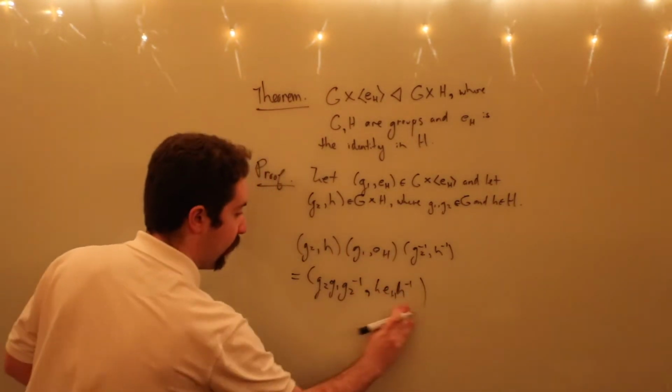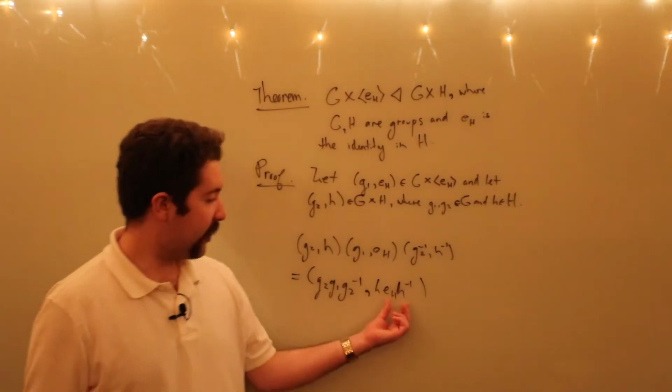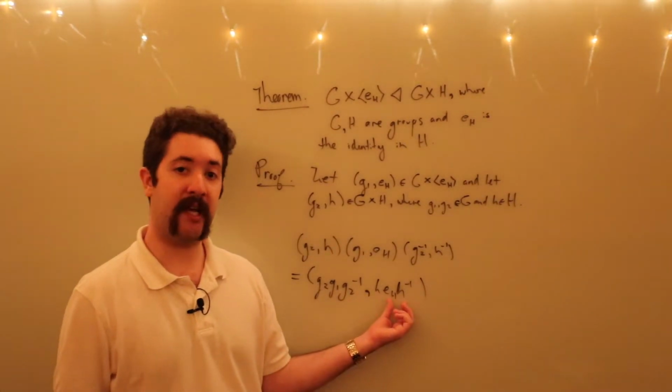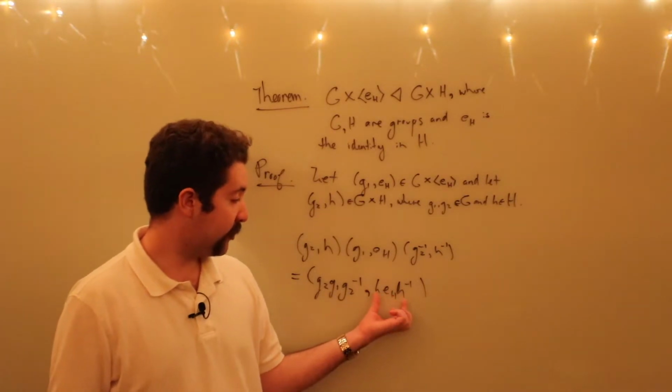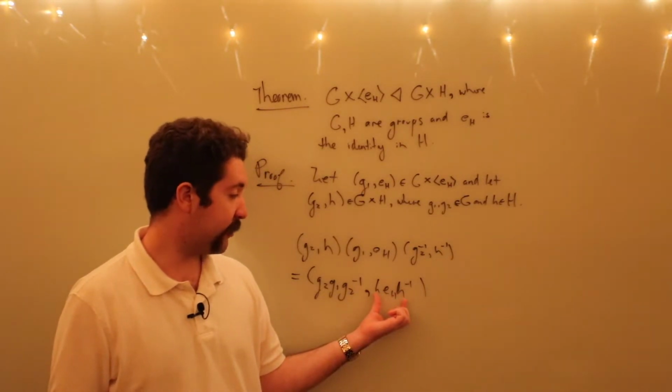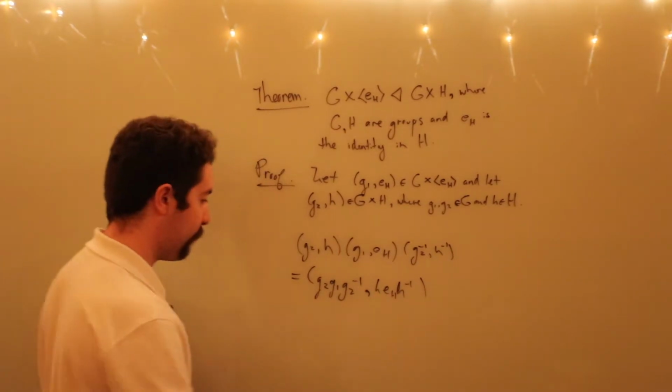Now, by definition, every element commutes with the identity element, and in fact it's just going to be equal to that element, so that then these two multiplied together are going to equal the identity again.